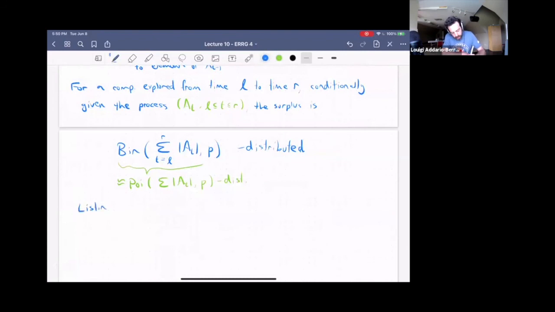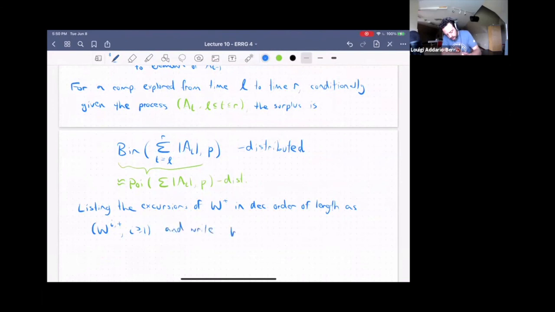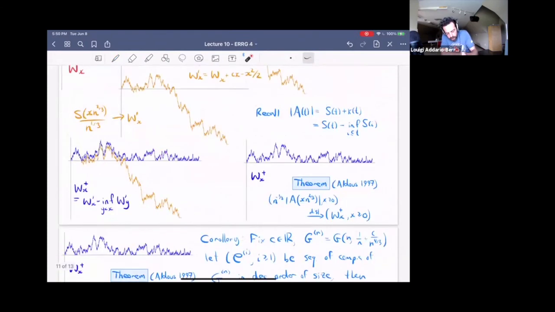So if we list the excursions of the limit of W in decreasing order of length, as W_i^+ for i at least 1, and write W_i^+(t) for t between 0 and the length of the excursion, what this is doing is saying, take this picture and cut it up into individual excursions.